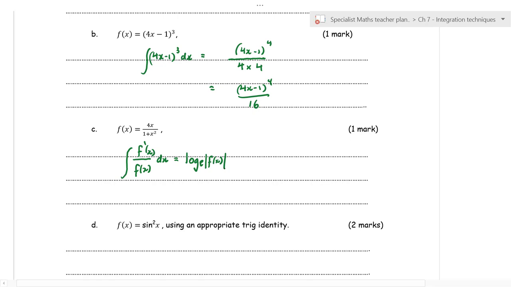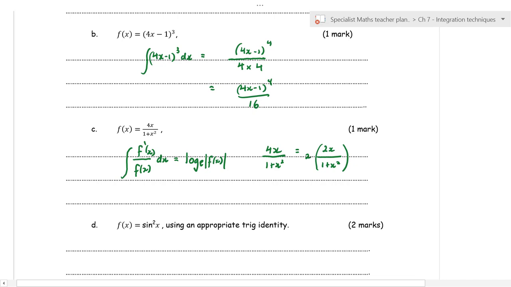So, can you see there, the 1 plus x squared, the derivative of that is 2x. So why don't we change it? If you want to manipulate it, it's all about manipulation, this topic. So I'm going to make that 2x, and I'm going to make that 1 plus x squared, and then I'm going to bring out the front a 2.